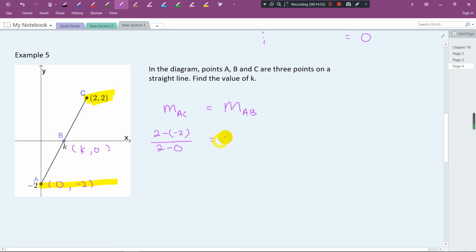Okay, now we go to AB. This 2 over 0 minus negative 2 over k minus 0. Before we calculate, we know the k here must be a positive number, it cannot be a negative number. So 2 negative negative become positive.